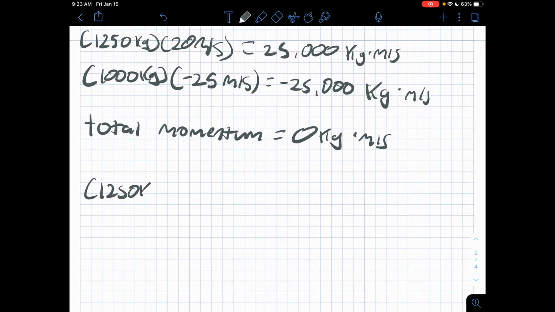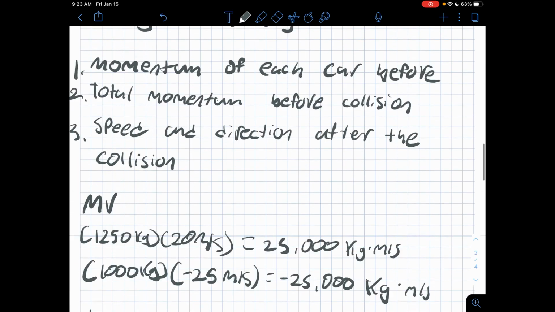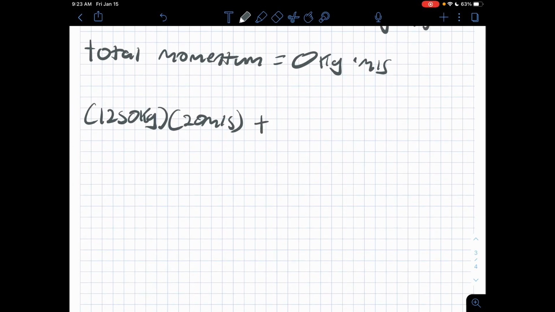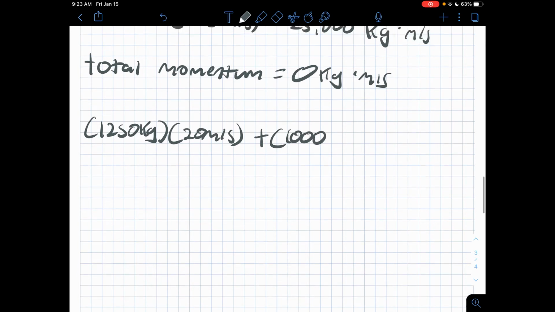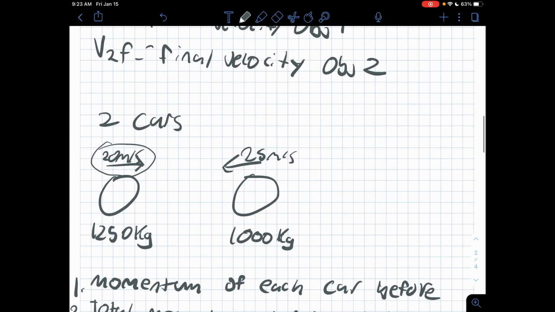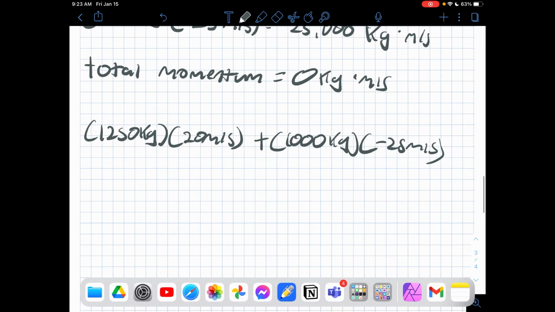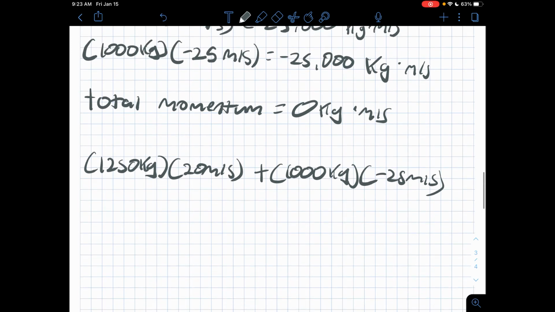So we have the first mass, 1250 kg times the velocity, which was 20, and you add it to the second one, plus 1,000 kilograms times negative 25 meters per second. It was 25, right? Yeah, it was 25, good.